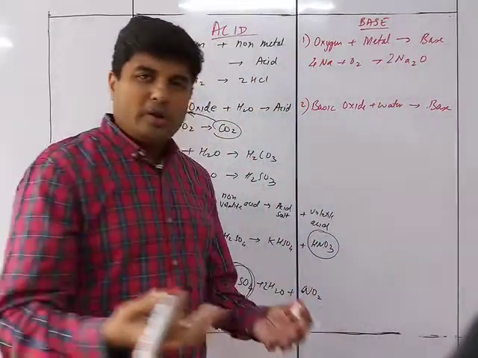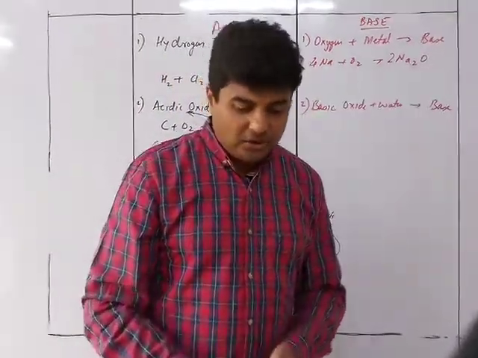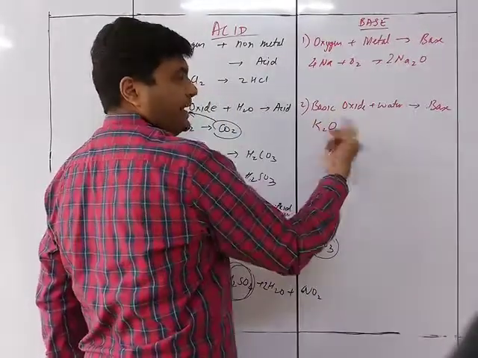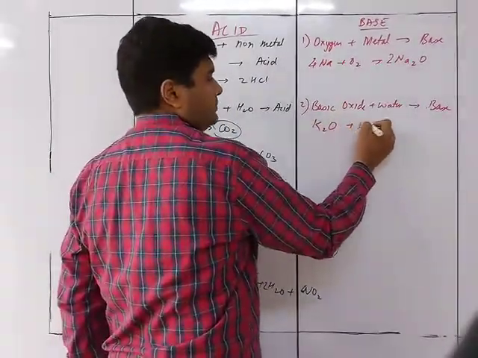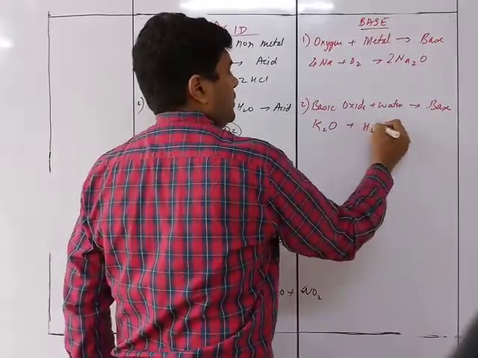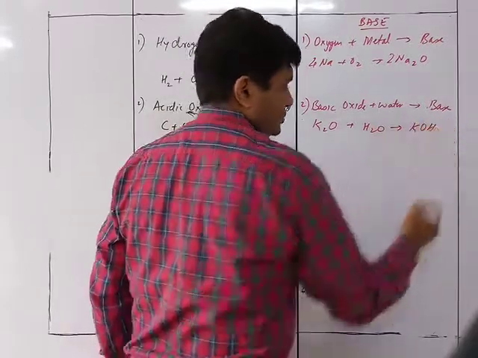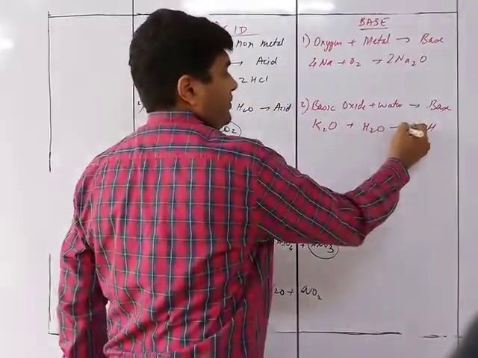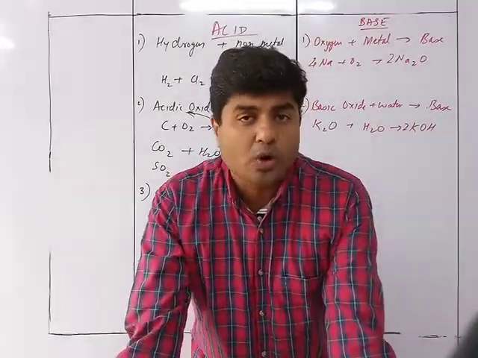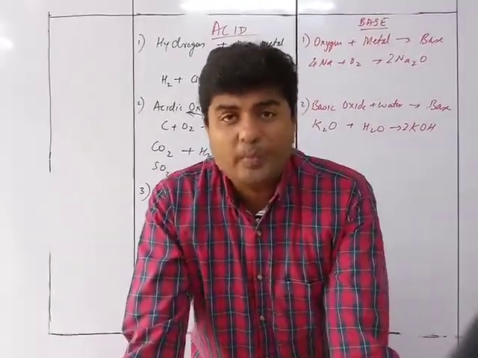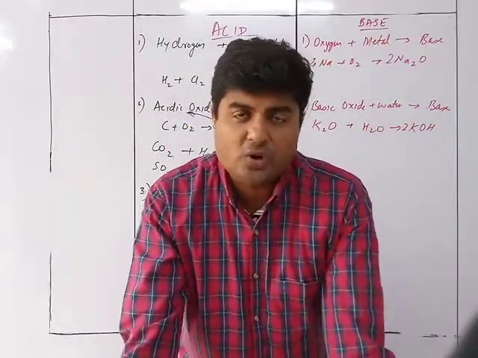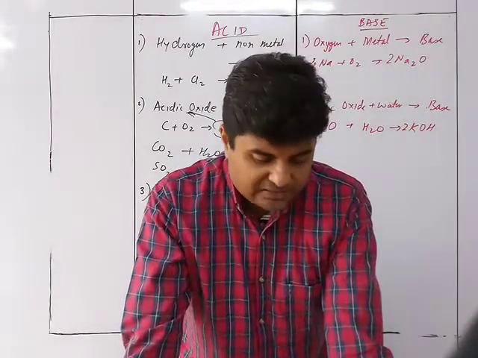Just see the base, because all alkalis are bases. So we have the formula K2O, or you can take Na2O also, not a problem, plus H2O will give me KOH. So that is the formation of a base: the basic oxide K2O dissolves in water, K2O plus H2O giving me KOH, that is potassium hydroxide, which is a base.